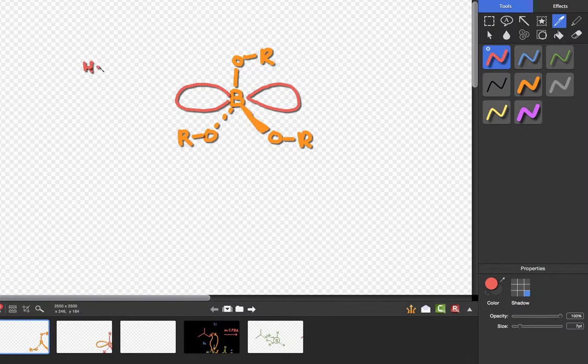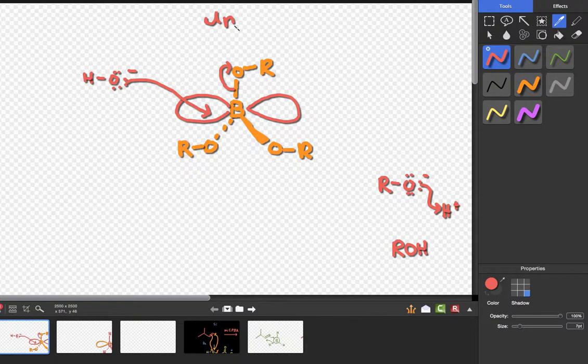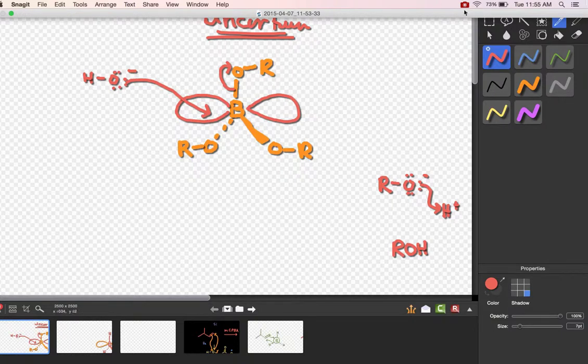And now hydroxide attacks, and the OR group leaves. This happens 3 times, so this is where you get your boric acid. And then RO minus picks up a proton from solution to yield the 3 ROHs. This part of the mechanism is uncertain at best. So I'm going to stop this one.